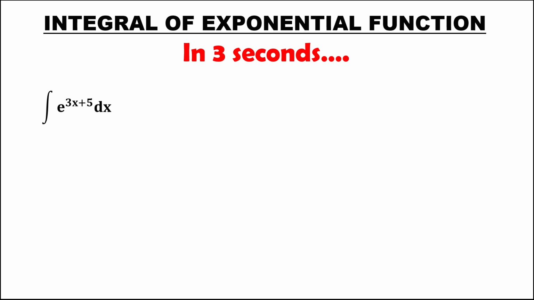So for this problem, to evaluate the integral of an exponential function in 3 seconds using the shortcut method: since the integral of e to the power u du is equal to e to the power u plus c.